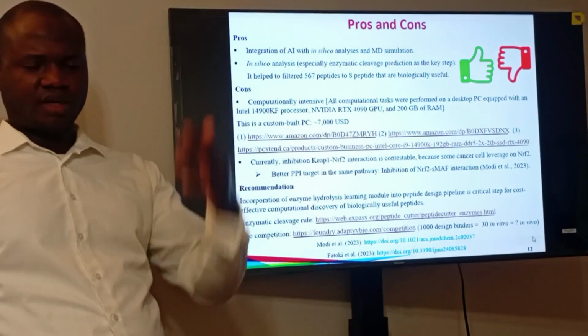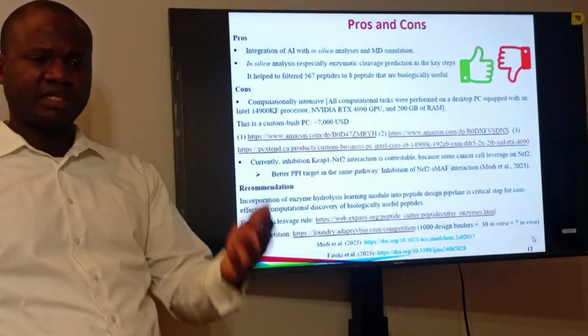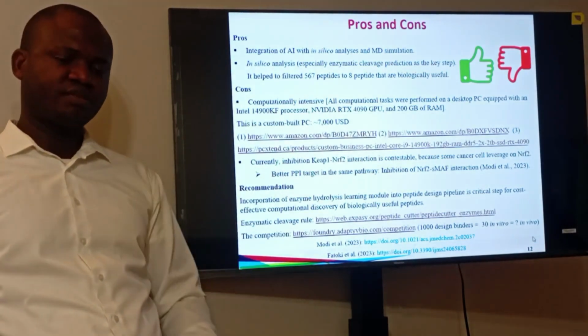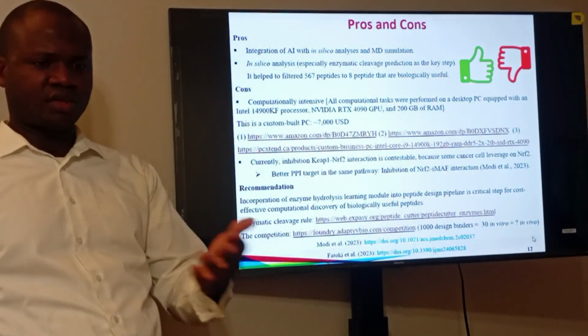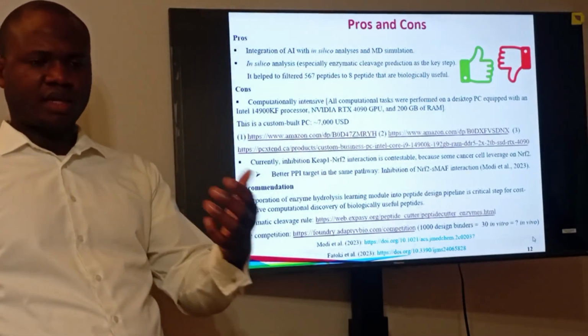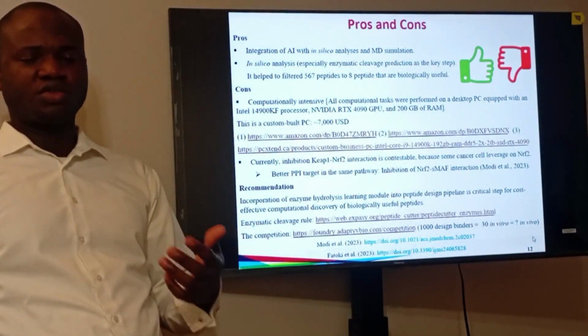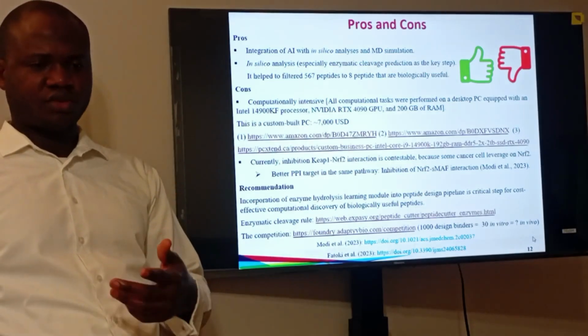They rank and use their AI model to screen those peptides that bind to this particular protein. In the last one that was conducted, 1,000 binders were submitted, but about 30 were found to be biologically useful in vitro.